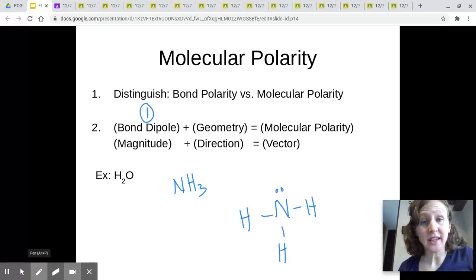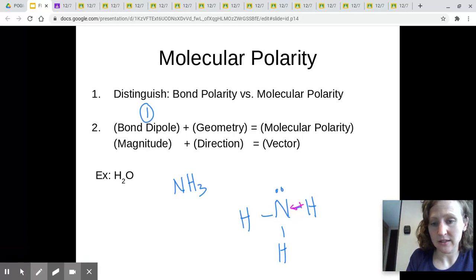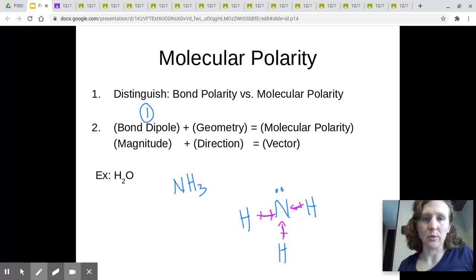Second of all, I have to consider, do I have bond dipoles? Well, nitrogen and hydrogen are not the same atom. There will be a difference in electronegativity. I will have bond dipoles.